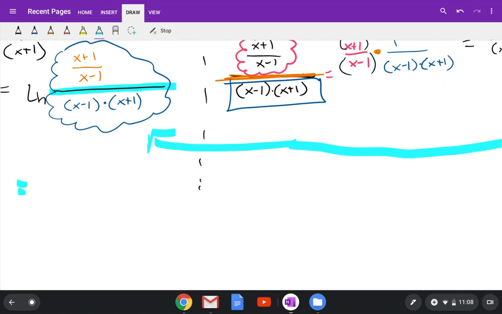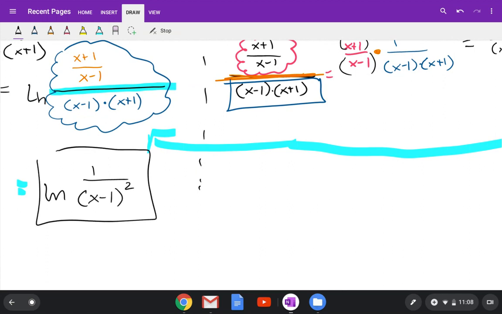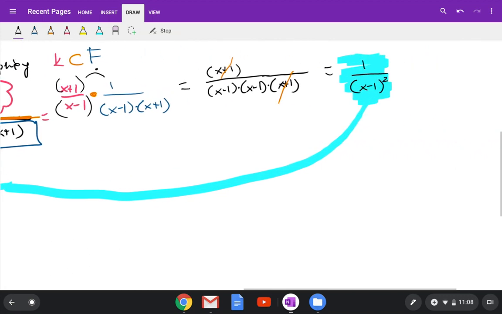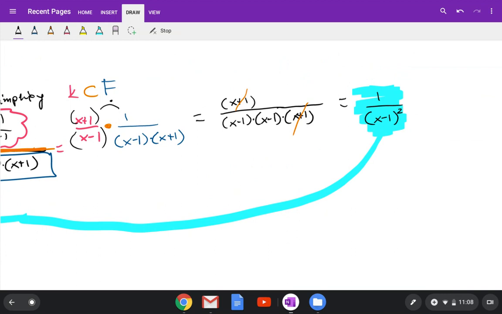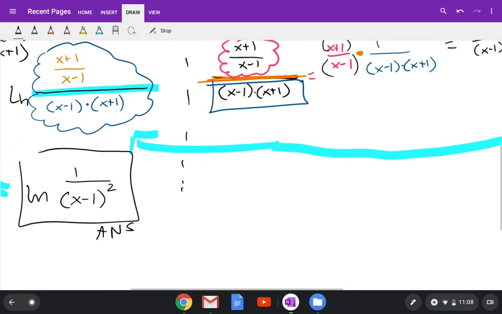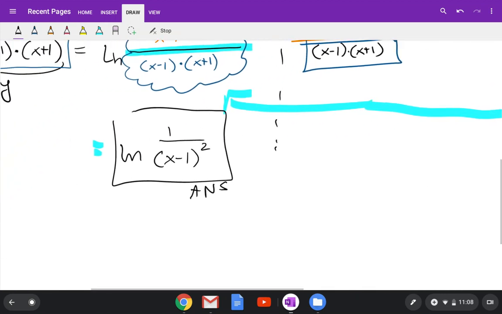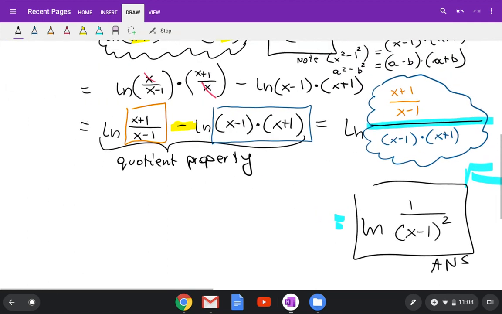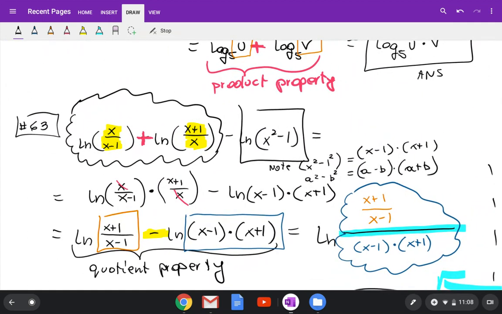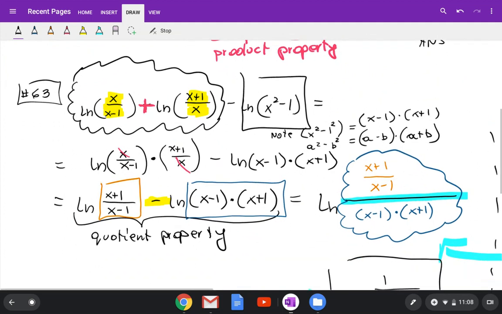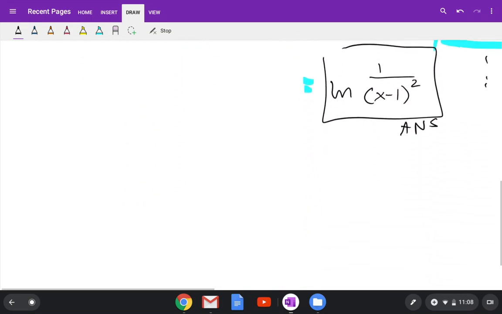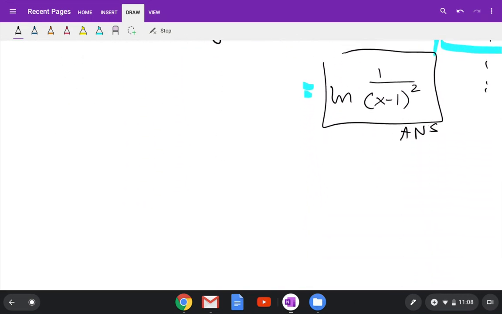So that will become ln of 1 over (x minus 1) squared, and this is the final answer. Again, the way I simplify this fraction, I'm showing right here, by using keep, change, flip, which means fraction divided by fraction. So we're practicing condensing, which means rewriting expanded form to logarithmic form using a single log.